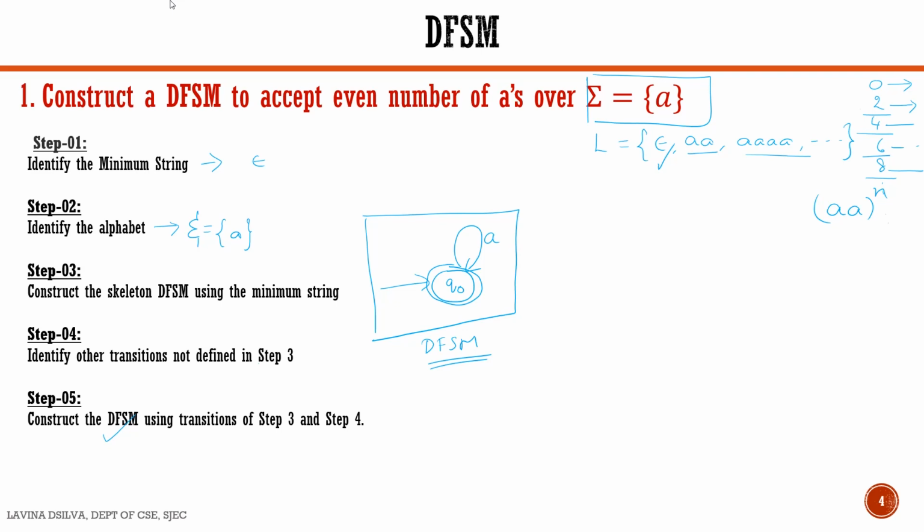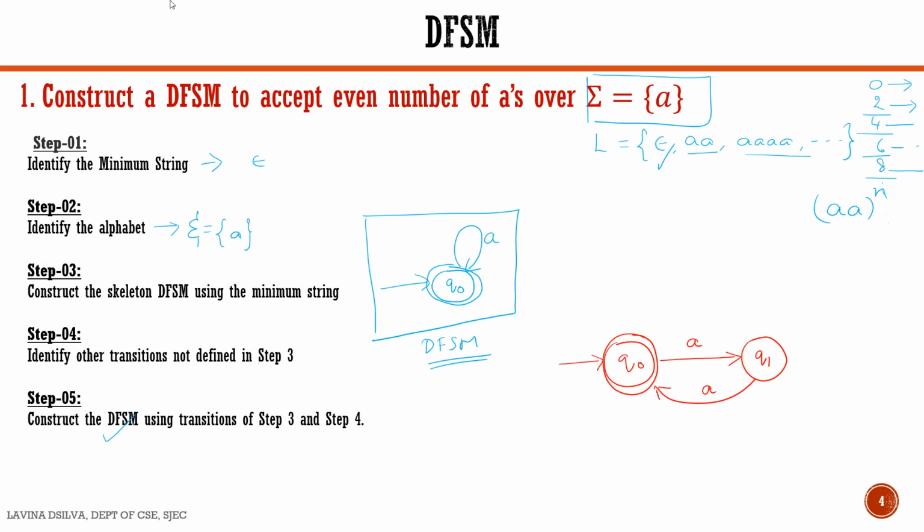Therefore, we construct the DFSM as Q0. If it sees the first A, we go to state Q1, and when we see the second A, we come back to state Q0.